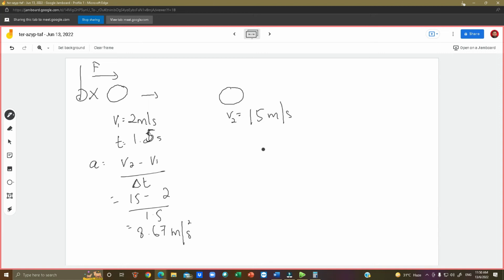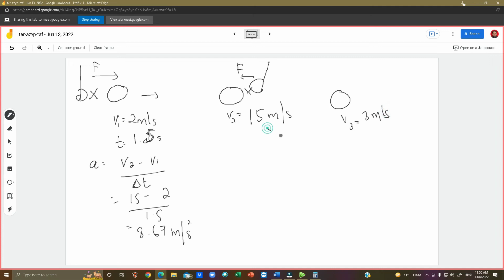Okay, now let's say we have a ball travel at 15 meter per second. Okay, and then suddenly somebody blocks the ball. Means we give force in a different direction, which causes the ball now to travel at 3 meter per second.